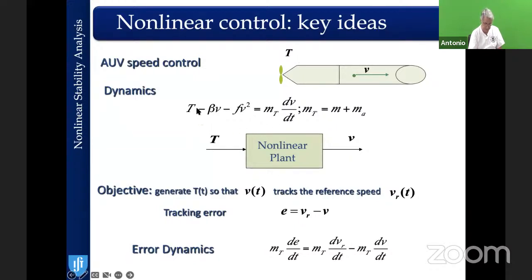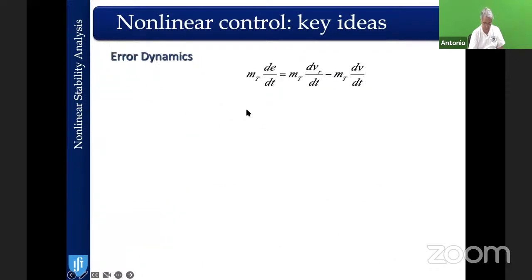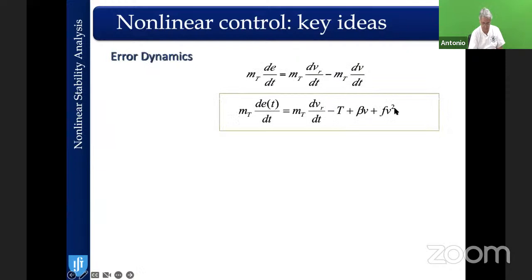So you divide by mt, you get t minus beta v minus fv squared. So that's what you'll end up with there. Okay. So now we have a big mess because we want to drive the error to 0. This is the thrust that you want to generate. Fine, you know VR, but you have V and V. So what is it that we can do? You do the same trick.